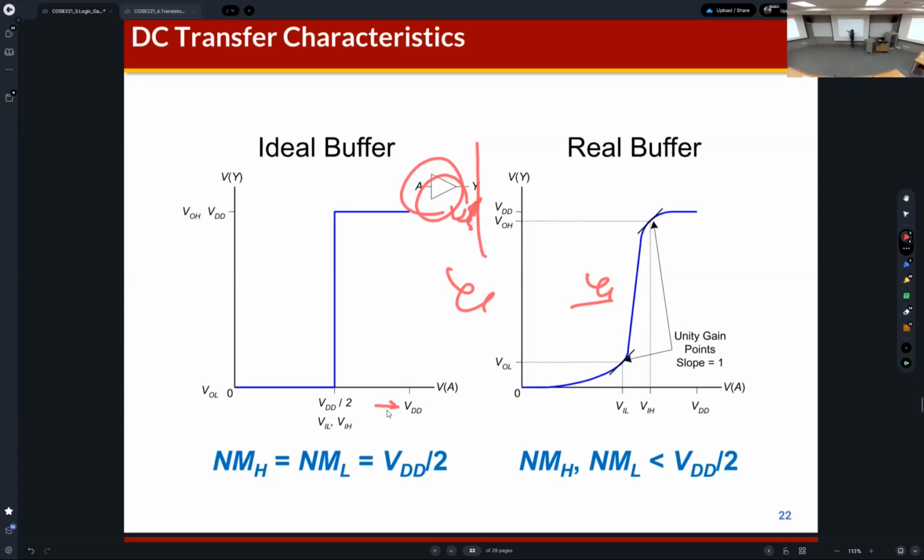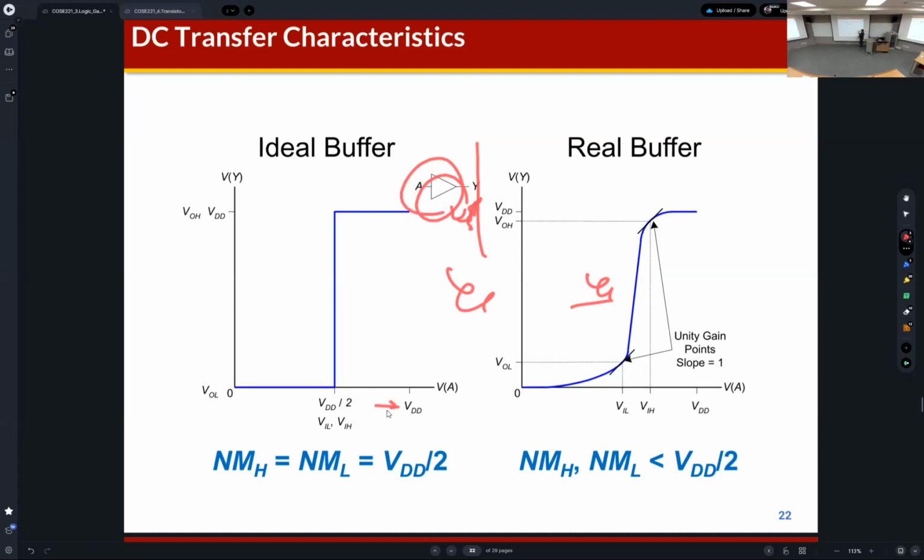The ideal buffer works like this, orthogonal to the x-axis. But for the real buffer, you can observe the slope in this range, where the buffer will not work properly. Then the high level range is the same. For the ideal buffer, the noise margin is half VDD.